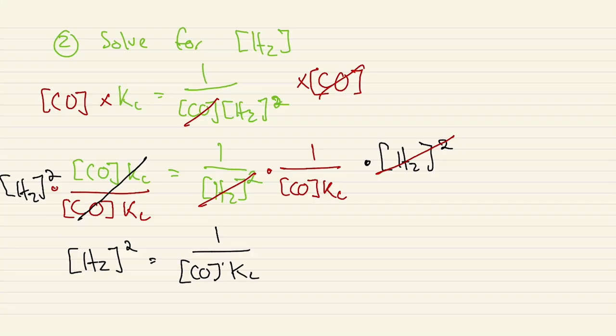And then what do we have to do? Plug in the numbers. We can plug in the numbers if we want. We can do H2 squared is equal to 1 over 0.0100 molar times 13.5.